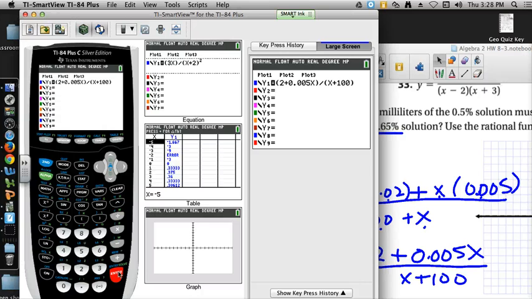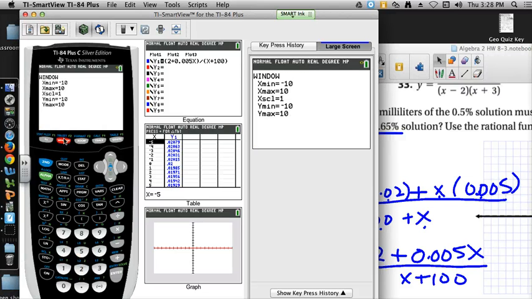And we need to know when this is 0.0065. Because remember, it's 0.65%, which means we have to put a couple zeros in front of it.